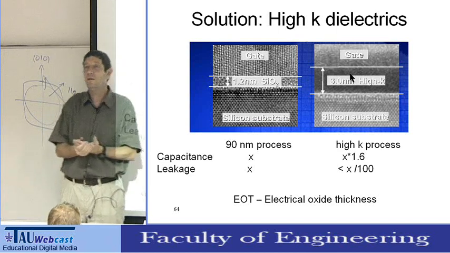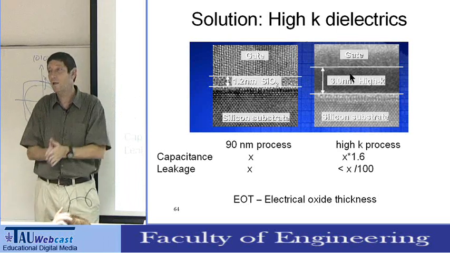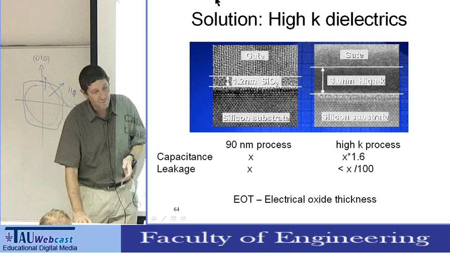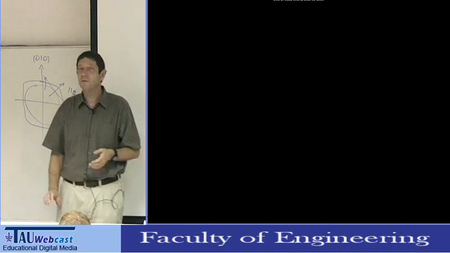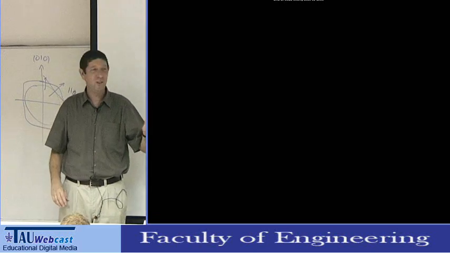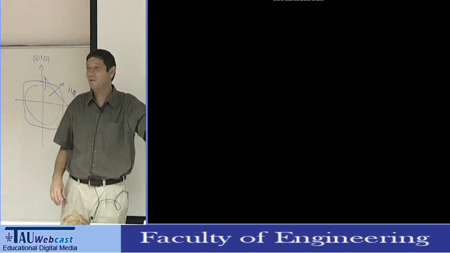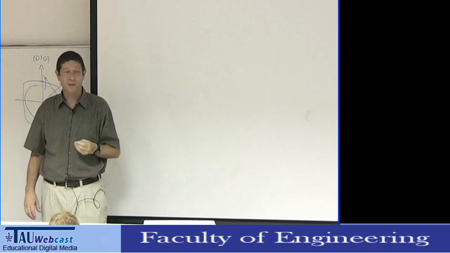It's a material like hafnium oxide or similar with a much higher dielectric constant. So this is the high K dielectric. The other thing people do is put a metal gate replacing the polysilicon, but this I will describe again in lecture number 12 or 11. Thanks.